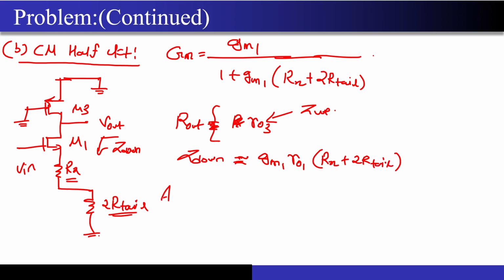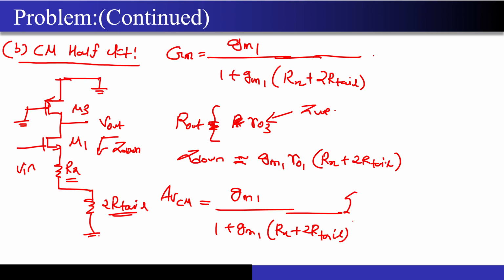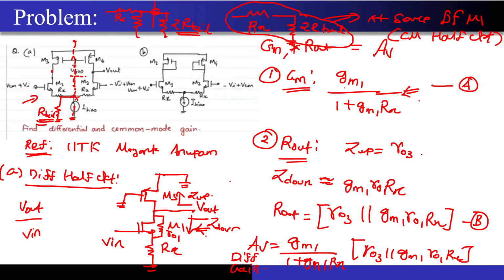So the total gain, the common mode gain, will be nothing but this particular complicated expression: 1 plus GM1 Rx plus 2 R tail, right, into GM1 RO1 Rx plus 2 R tail. Correct? Now the only question that I want to ask you is, which GM do you think was higher?